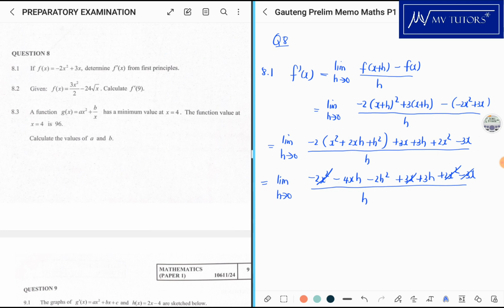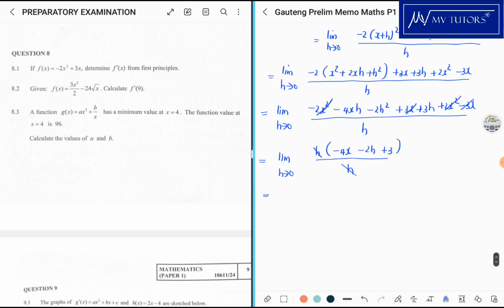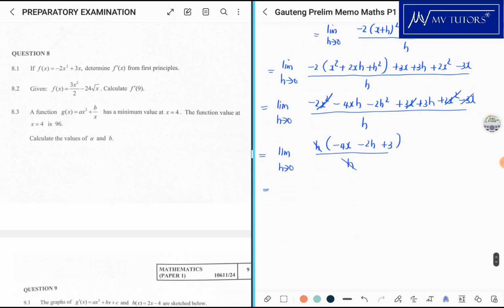The values that remain actually have h as a common factor, so I'm going to take it out. If I take out h, I'm left with negative 4x, negative 2h, plus 3, all over h. Then the h's cancel, and we have the limit as h tends to 0 of negative 4x minus 2h plus 3.